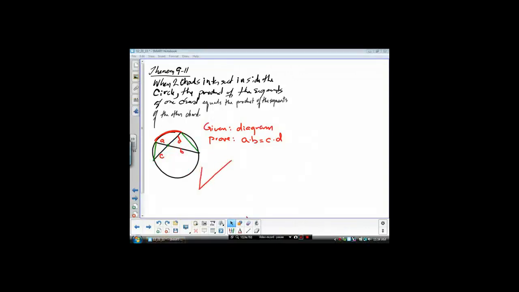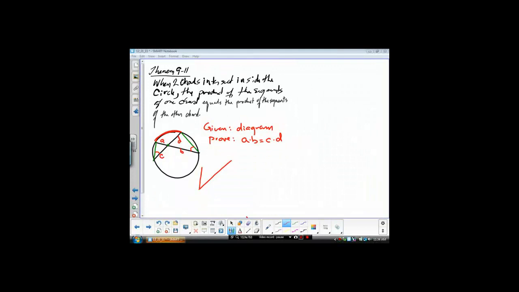From Corollary 1 of Theorem 9-7, if we have two inscribed angles that intercept the same arc, they have to be congruent.